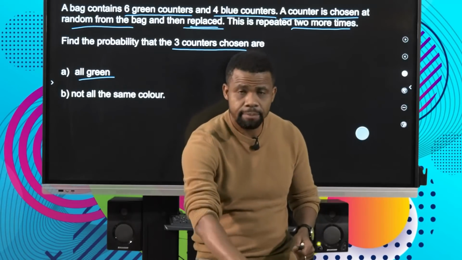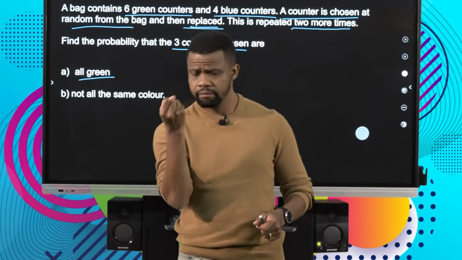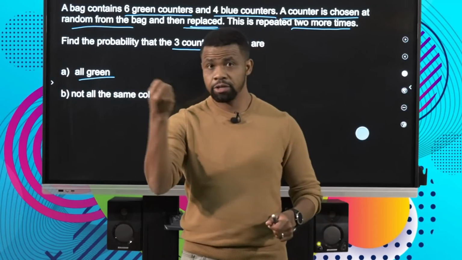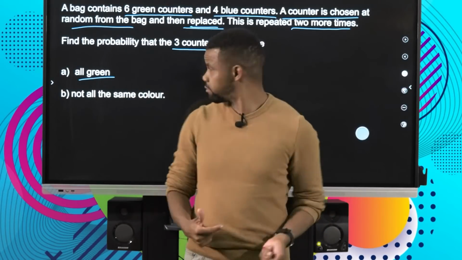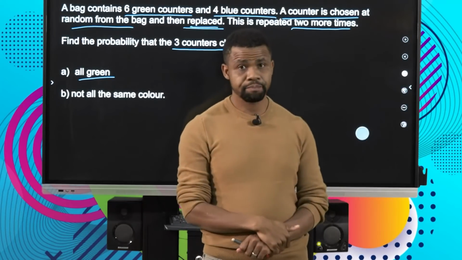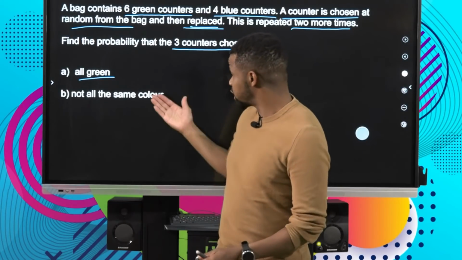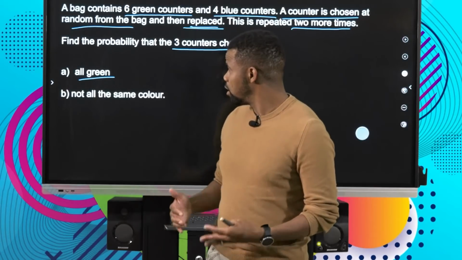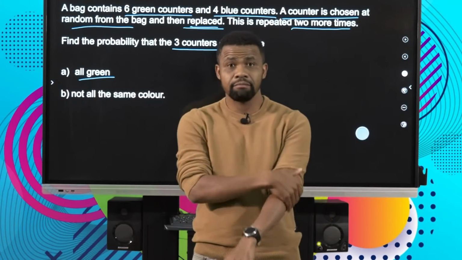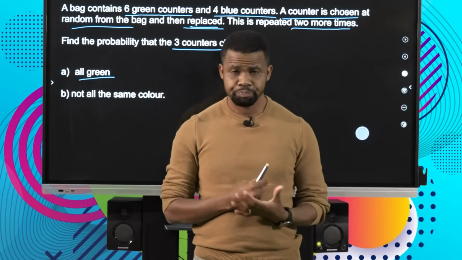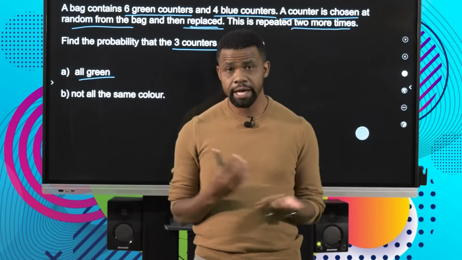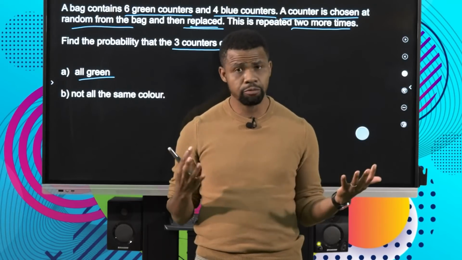Then I do the same thing again and get green, replace it, and I do it for a 3rd time. What is the chance of getting green, green, green? Are we all together? And the second question is, not all the same color. Are we together? So for this question, I think the best way to solve it is to draw a tree diagram.